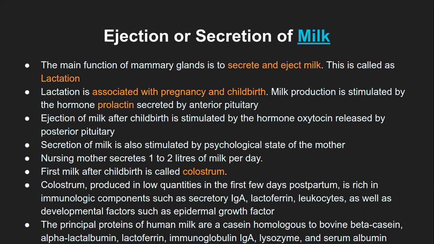The first milk after childbirth is specifically called colostrum. I assume you have heard of this term. It is the same term even in the case of animals, and there is a specific milk product made out of colostrum, especially if it is from a cow or buffalo.